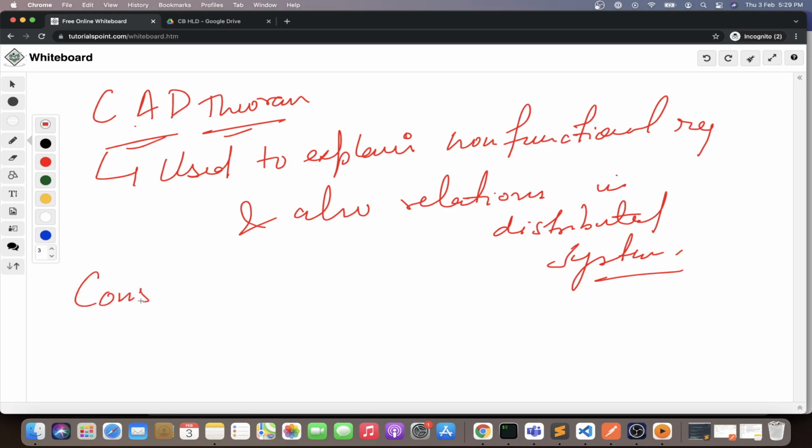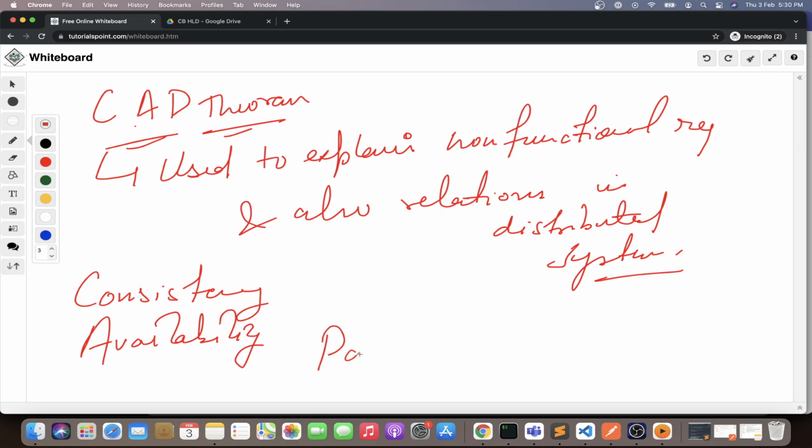So CAP stands for consistency, availability, and the third one is partition tolerance. Cool guys.